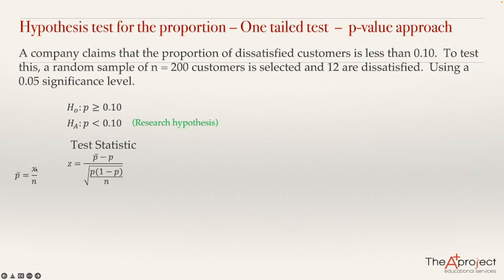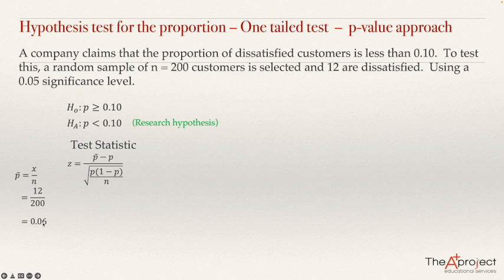And when I say success, I'm saying success in quotation marks, because in this case, to be a success is to be dissatisfied. So we check how many dissatisfied customers there are. There are 12. 12 divided by 100 is 0.06. So that will be the value of p bar here.